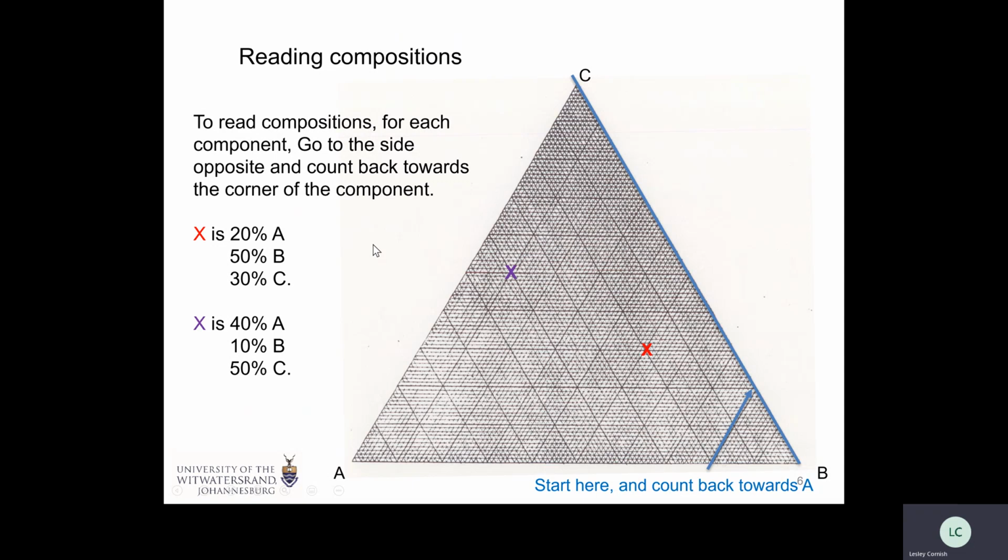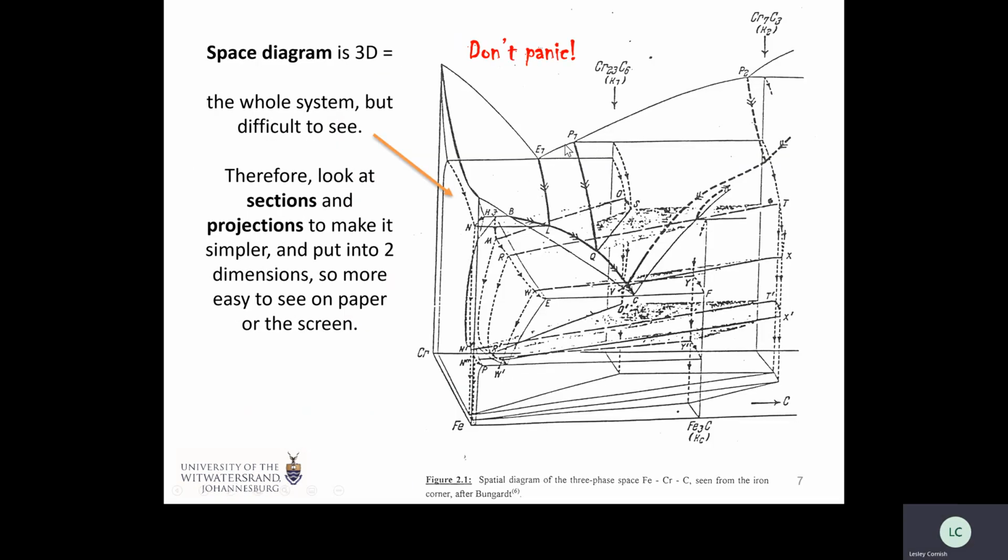So that's the composition grid. This looks totally horrible, and this is the space diagram of the iron, chromium, and carbon over there somewhere. And it looks really horrible, partly because it's a very old diagram and it's a photocopy of a photocopy. I really must try and get another version of it, but it's just too complicated.